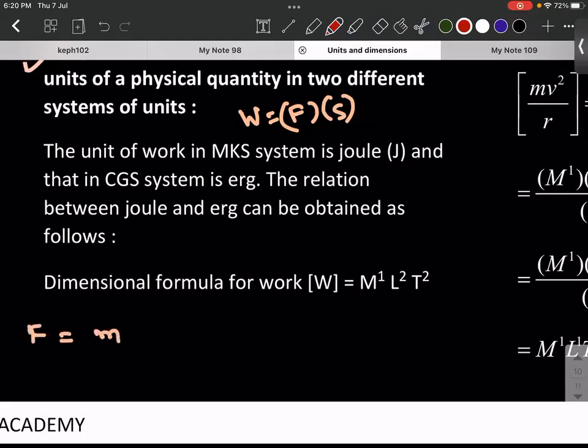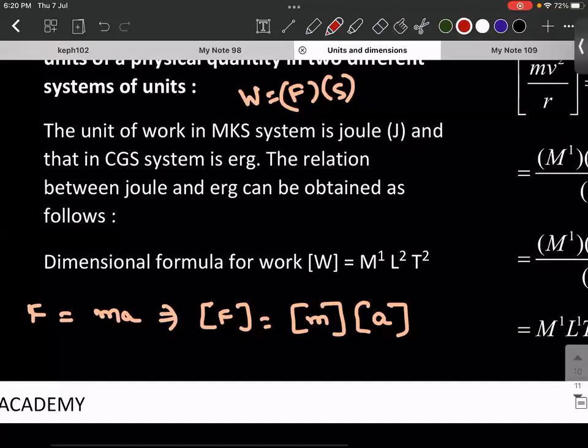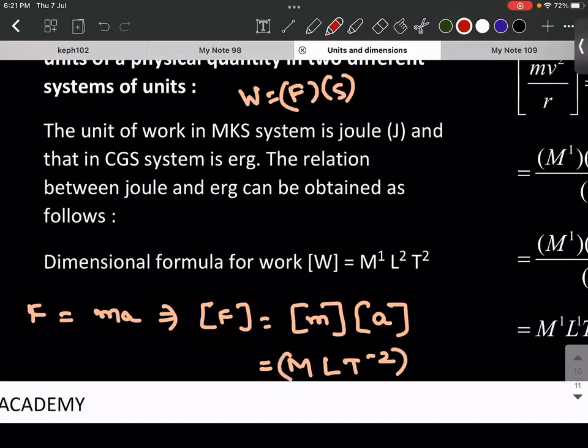F is equal to M into A, where M is mass, so capital M. Which implies the dimensional formula of F is equal to the dimensional formula of M into the dimensional formula of A. What is the dimensional formula of M? Capital M. Dimensional formula of A? LT minus 2. So this is the dimensional formula of force.